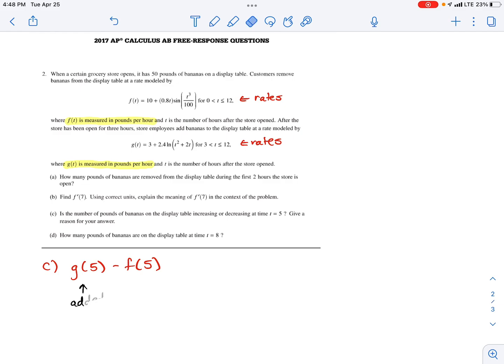So I should say the rate at which bananas are being added. Okay, and then I'm subtracting the rate that they're being removed, right?